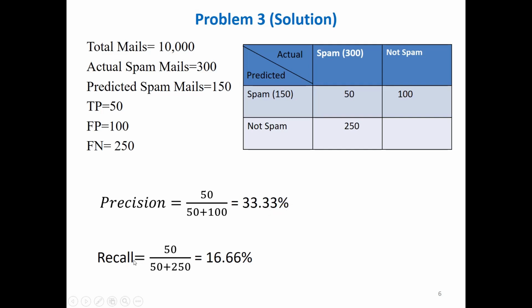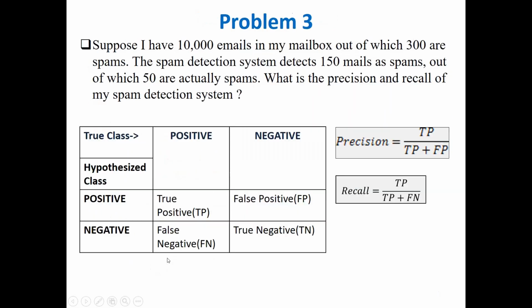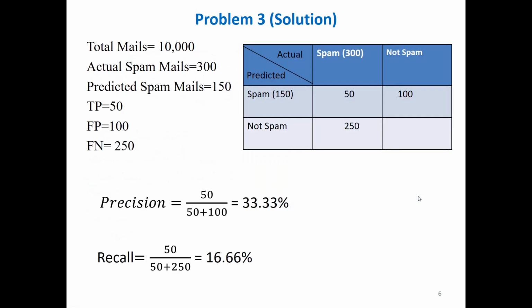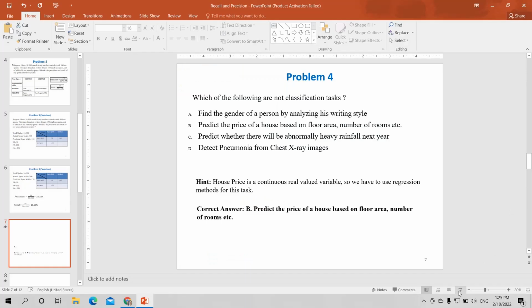And recall is nothing but TP divided by TP plus FN. You see this formula, TP divided by TP plus FN. So it is 50 divided by 50 plus 250, it is 16.66%. So this is problem 4.